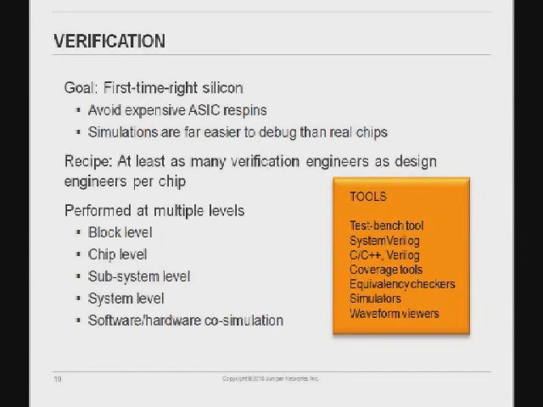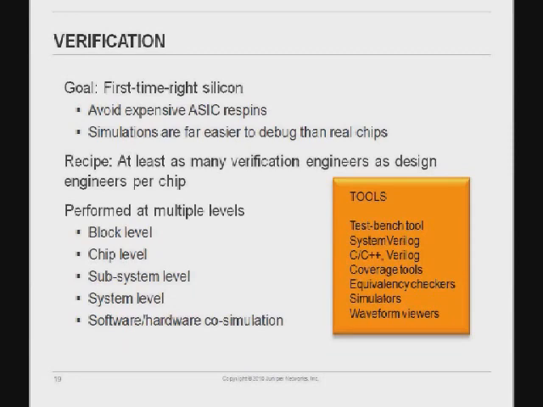While we design these hundreds of thousands of lines of code, how do we know it's correct? We do verification on them. The goal, of course, is to achieve first-time correct silicon, because an ASIC respin means paying the several-million-dollar NRE again each time you respin.